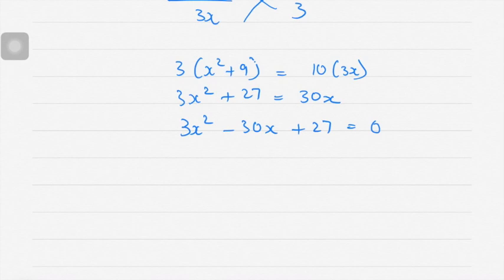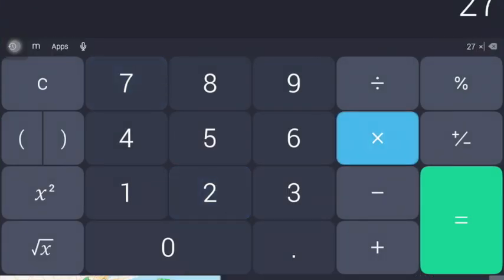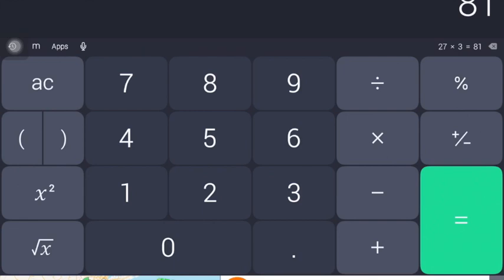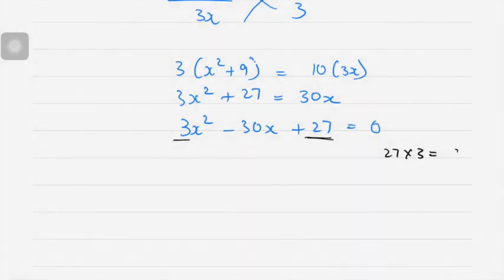Okay, now again you have to find factors, correct? So 27 into 3, how much is 27 into 3? 27 into 3 is equal to 81.